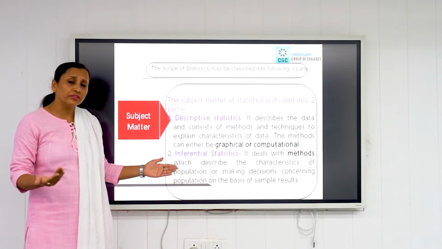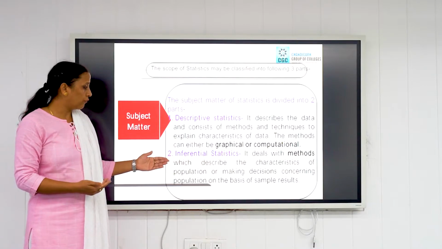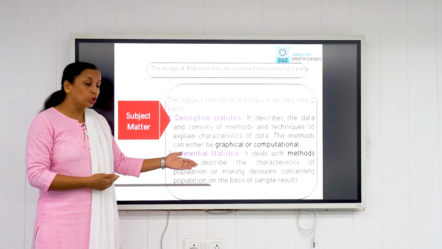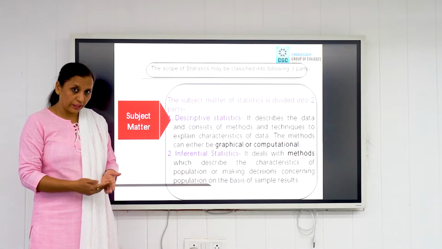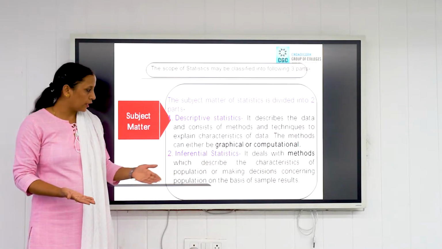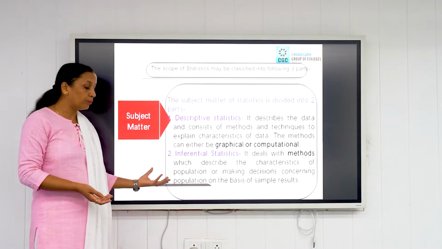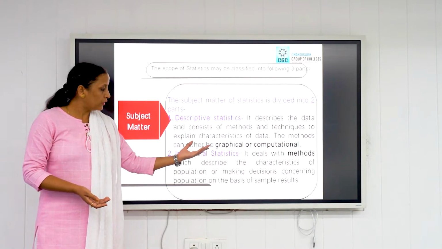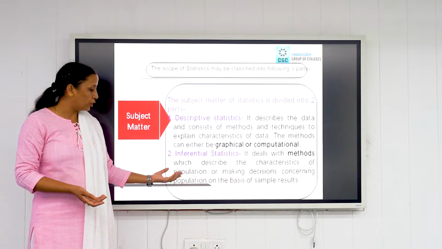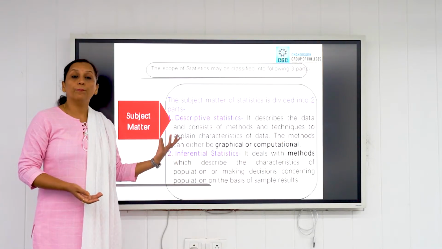When we make decisions for the future with the help of tools or techniques, this is the inferential statistic. It deals with the methods which describe the characteristics of the population, or make decisions concerning the population on the basis of the sample result.